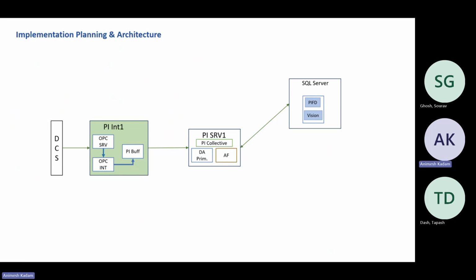If it is a very small server, like 1000 tags, we put all the components on one server itself: Pi data archive, Pi AF, SQL server. We put everything on one system because it is only a 1000 tag system, so you really don't need that much resources like RAM and processor. So we put it in a single system.